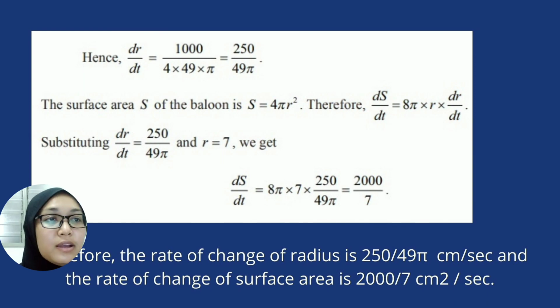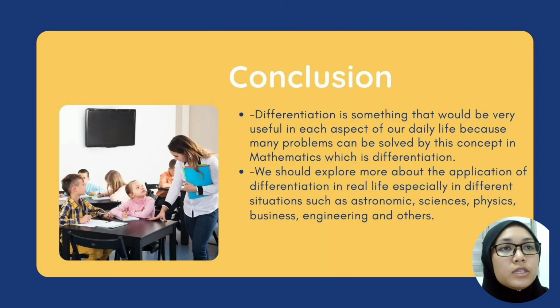Sorry, I confused the units: the surface area is centimeter squared per second, and the radius is centimeter per second.